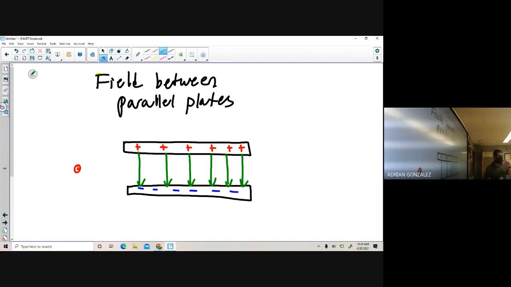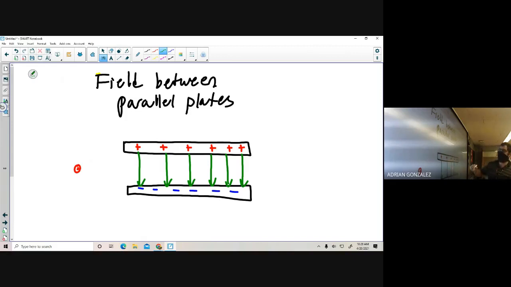There's only one place between, or I should say two places between parallel plates where it's not straight down, and that's going to be right at the edges. The reason that they're nice and straight is because wherever there's a field line, there's another one right next to it. So remember our rule, what can't field lines do? Cross, right? So they keep themselves nice and straight. But when you get to the edge, you've got a little bit more wiggle room.